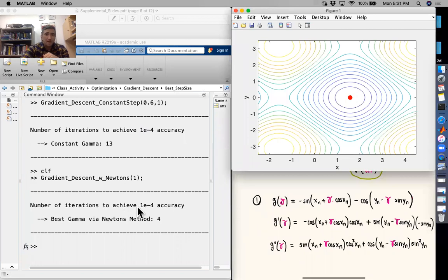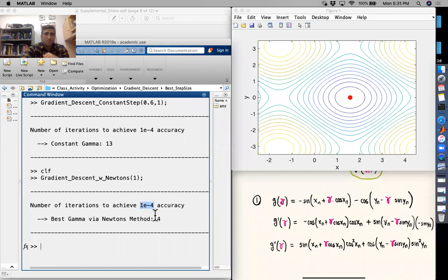So for 10 to the minus 4 accuracy, it only took our Newton's method 4 steps, which was 3 times faster than what it took that constant gamma value. And of course, you could ask, there might be better constant gamma values to try. So you can test out a lot of things.